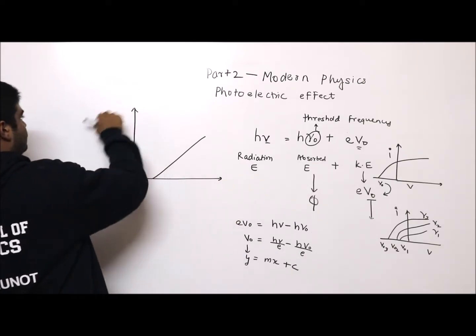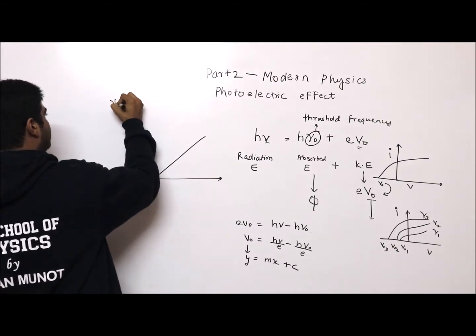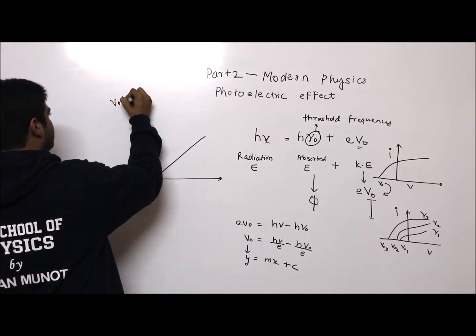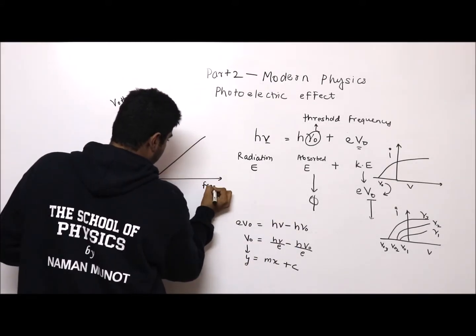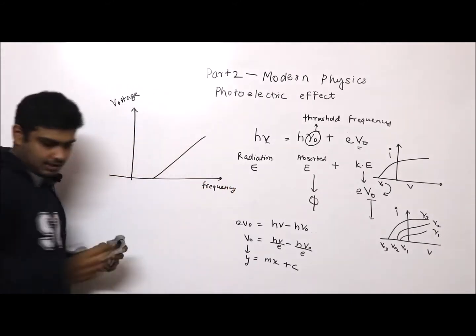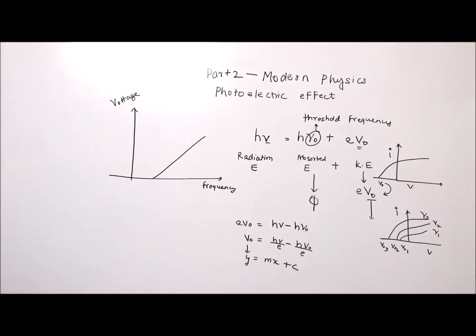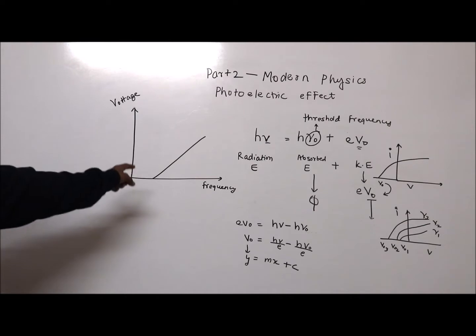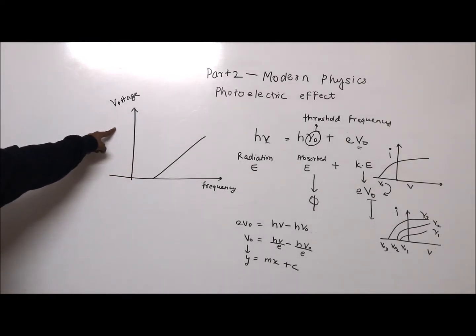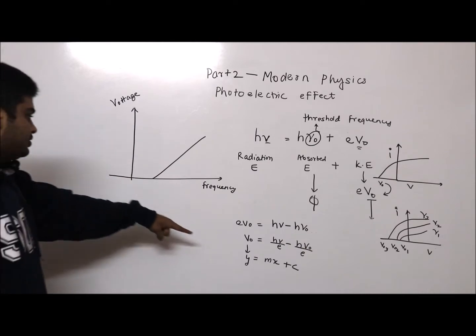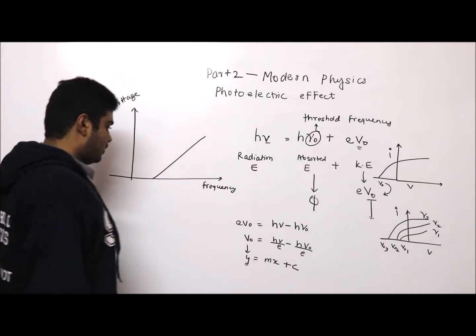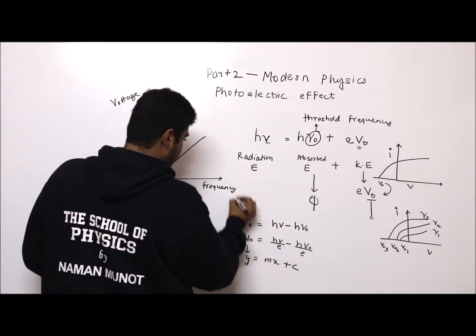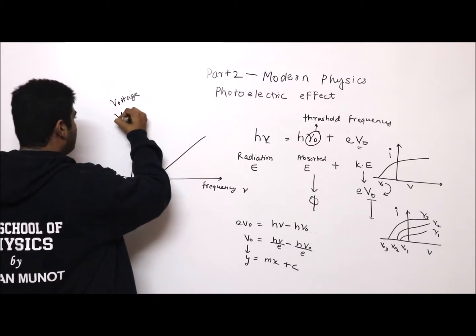This is the voltage, the stopping potential, and this is the frequency. So we have to draw y equals m x plus c, where frequency is x.